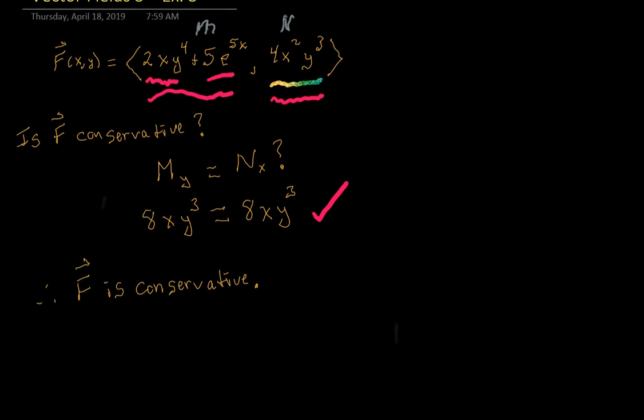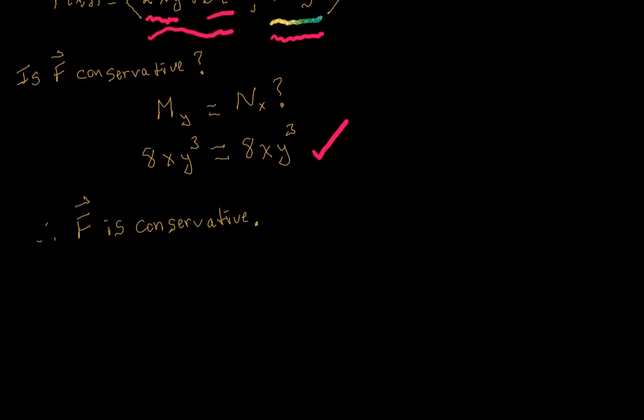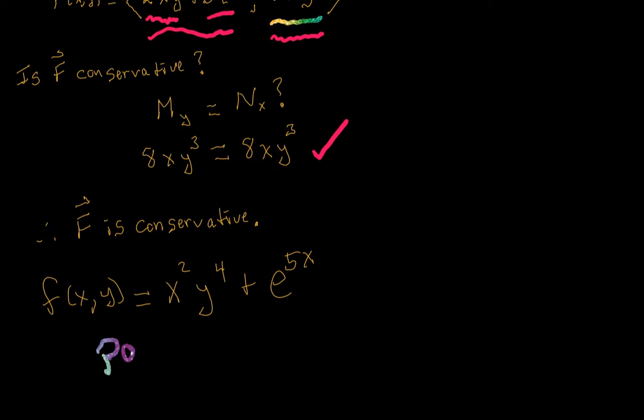And that function, f of x y, was equal to x squared y to the fourth plus e to the 5x power. And if you recall, what this meant for us is that this particular function is then called the potential function.